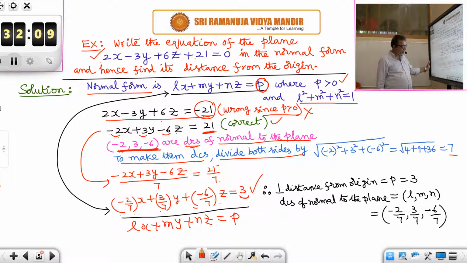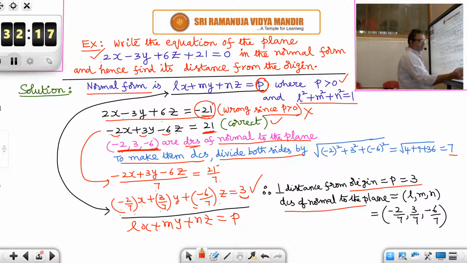Okay. What are L, M, N now? Here I have written the perpendicular distance from the origin is 3. What are the DCs of the normal to the plane? Direction cosines of the normal to the plane. The direction cosines mean a unit vector. So minus 2 by 7, 3 by 7, minus 6 by 7.